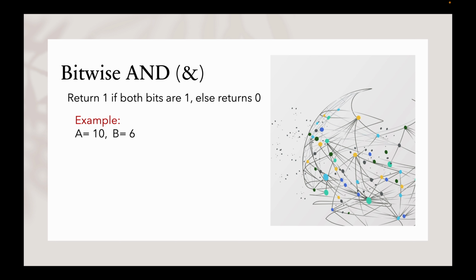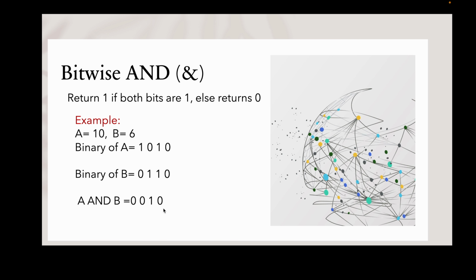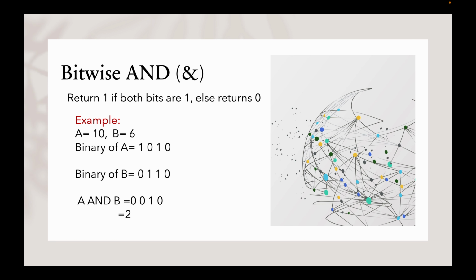The binary representation of A, 10, equals to 1010 and binary representation of B, that's 6, equals to 0110. We then perform A and B and the result is 0010. So for each position, if both bits are 1 then it is 1, else it is 0. And the decimal representation of 0010 is 2.